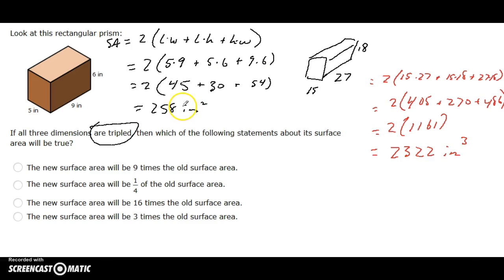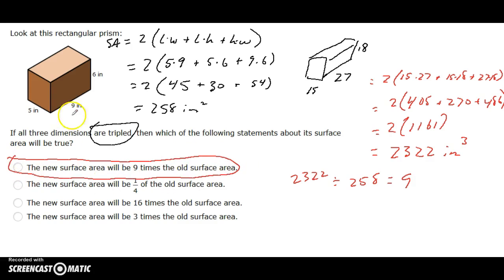So let's figure out how many times it goes into there. So I'm going to divide it. 2322 divided by 258. I got 9. So it is 9 times bigger. Look at that, the very first one. That is handy. So I got one more of these shape ones.